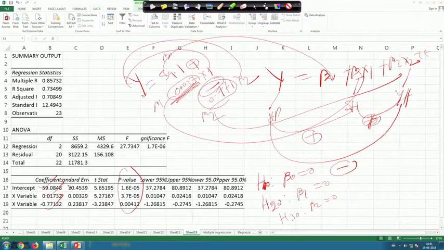So the standard error for beta 0 is here 10.45, and standard error of beta 1 is 0.003, that is for x1 variables, and standard error for beta 2 is 0.24, that is for x2 variables. So now beta 0 divided by standard error of beta 0 and beta 1 by standard error of beta 1 and beta 2 by standard error of beta 2 will give you the t statistic, which is shown here.